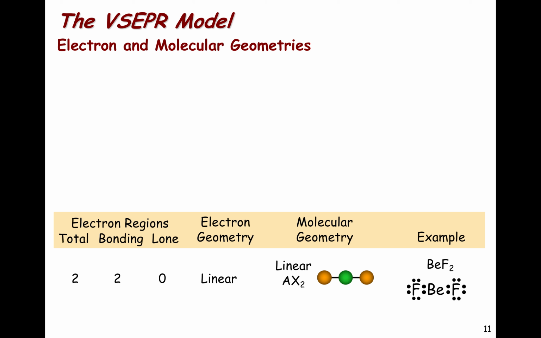There are lone pairs in this molecule, but they are on the fluorine, and it's only the central atom that will be of concern to us in predicting the structure. In this case, those electron pairs that are bonding for beryllium will try to get as far away from one another as possible, so hence this adopts a linear structure and the bond angle will be about 180 degrees.